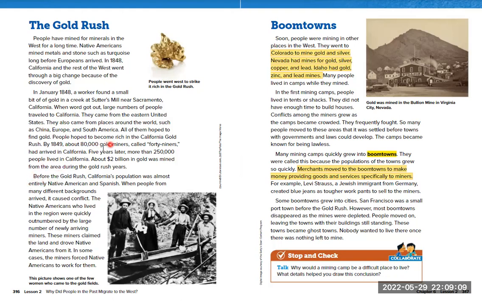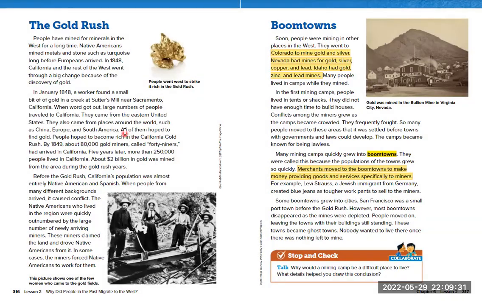So here it says about $2 billion in gold is mined, and California's population quickly changed. But the reason they moved there was because they wanted to get gold.